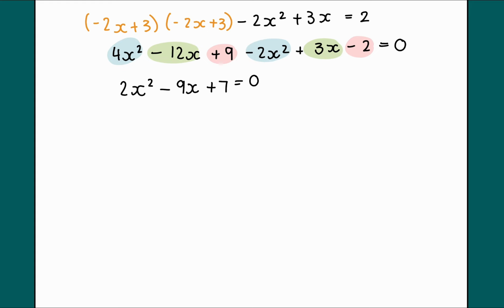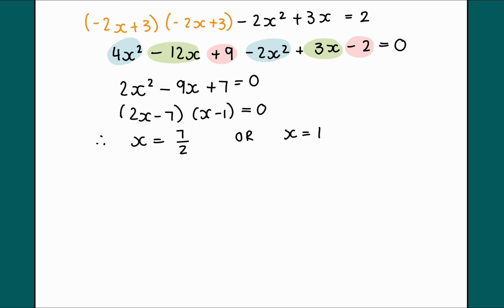I do have a video about that, so you're more than welcome to go watch that. So otherwise you just use mode 5-3. It does save you some time. And you would get that your brackets would have been (2x minus 7)(x minus 1) is equal to 0. Therefore, your x is either 7 over 2 or x is equal to 1.